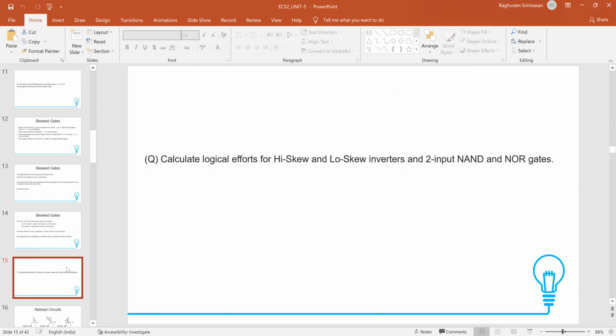So let us do it for the three cases: inverter, NAND gate, NOR gate. We will start with each of these. We will look at both high skew and low skew versions for each of those gates. And then we will look at the logical effort also, because that also has to be calculated.